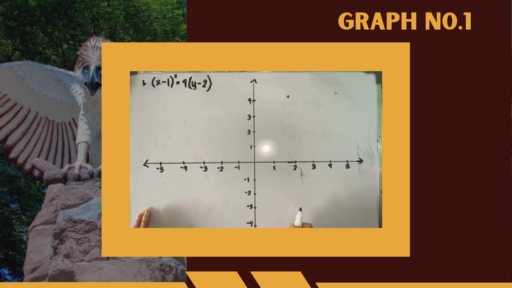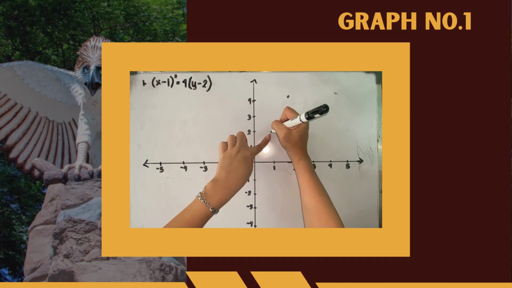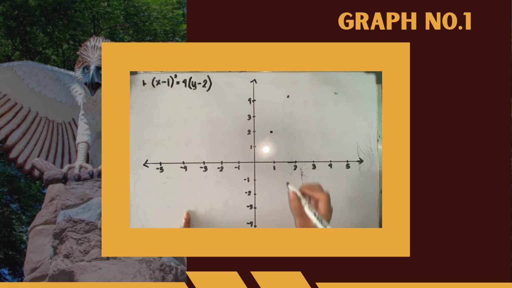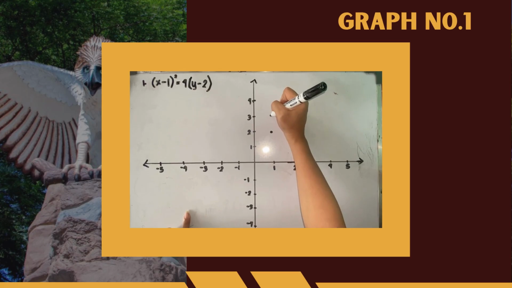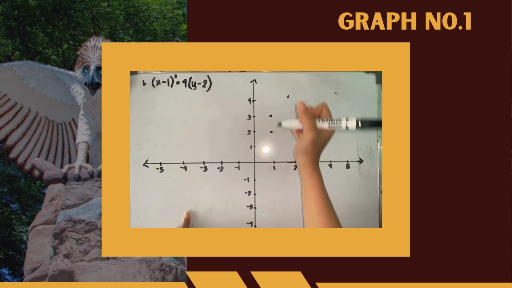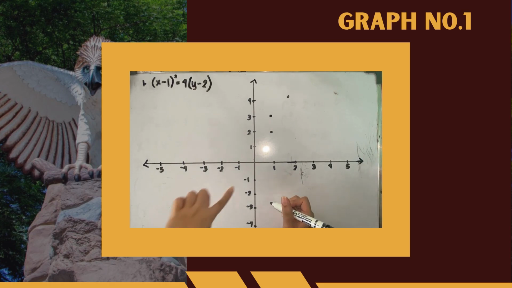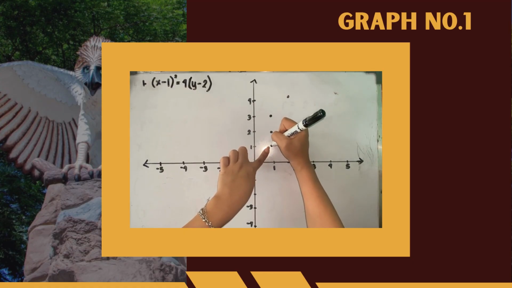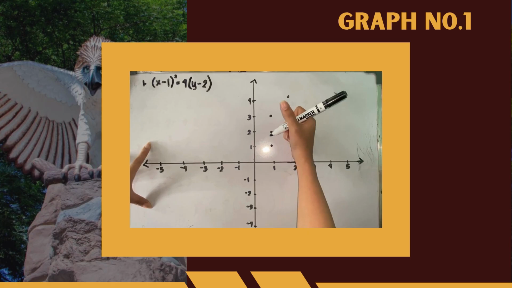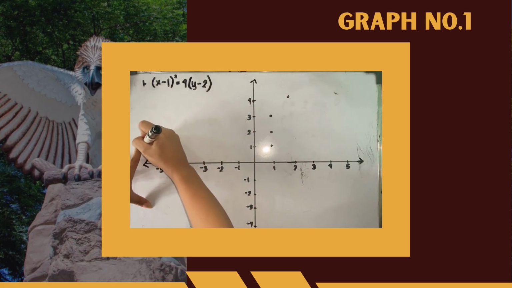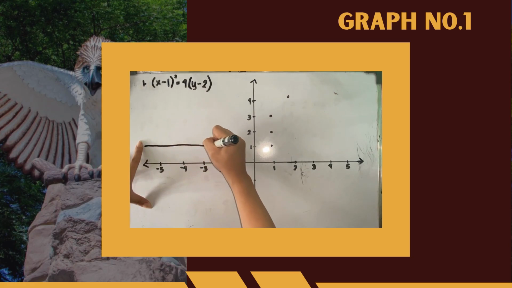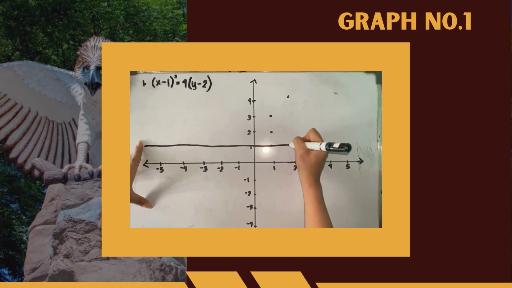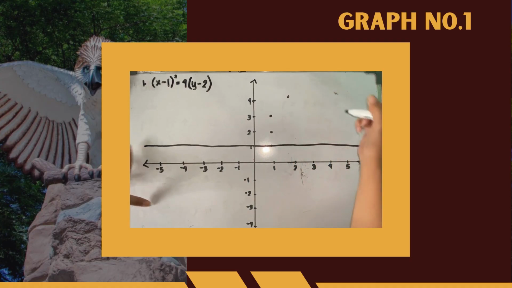So since our vertex is 1 and 2, here is our vertex. And since our focus is 1 and 3, our focus is here. And for our directrix, which is 1, here. Now let's draw the directrix. This will be a straight line.